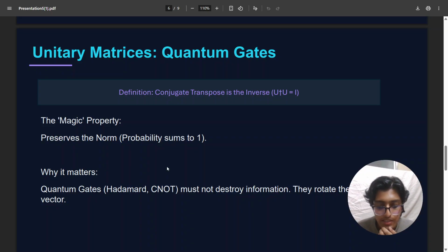So, quantum gates cannot stretch the vector. They can only rotate it around the sphere. This is why every logic gate in a quantum computer, the Hadamard gate, the CNOT gate, the Pauli-X gate, is a unitary matrix. They process information without leaking probability.